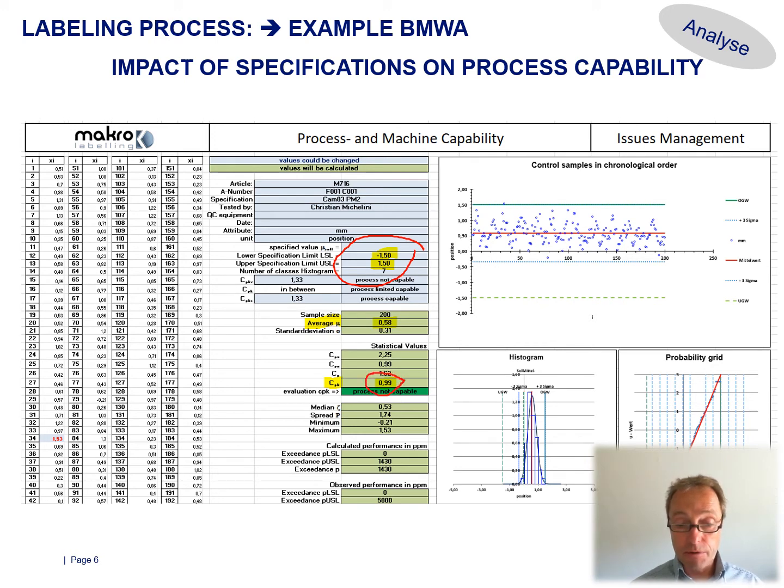It's around 0, and this is not what we want to have, but we see that the CP is higher than 1.33. If we would center the process, we would have a stable process, and we could run with this machine also a tolerance plus minus 5 millimeter with a CPK better than 1.33.